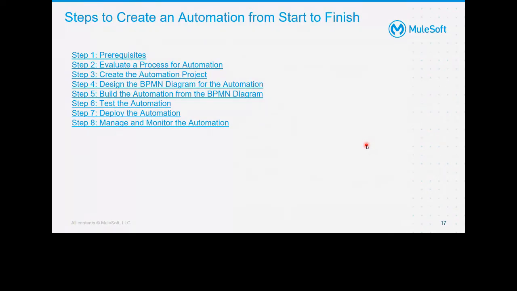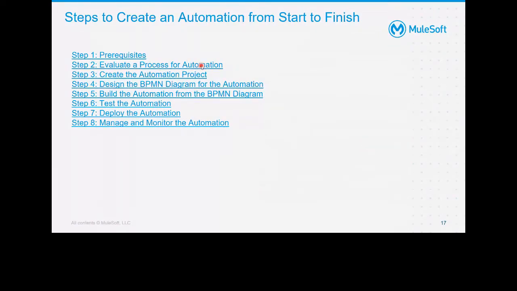So basically, the entire automation through MuleSoft RPA involves 8 steps. First of all, prerequisites: you should have the right accesses to the tool, and you should have installed the RPA builder on your machine. You should have the right role and access on the RPA manager. Then your other steps kick in, wherein you do the evaluation phase.